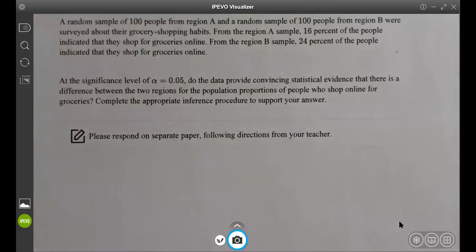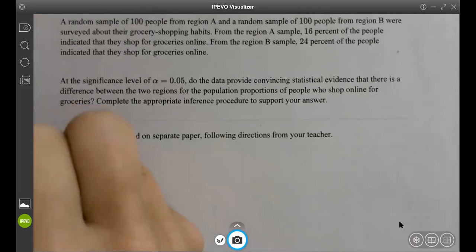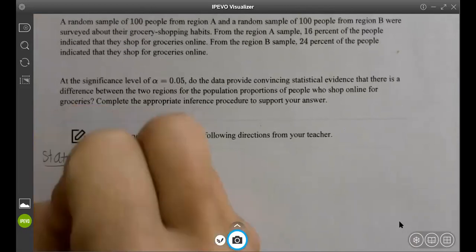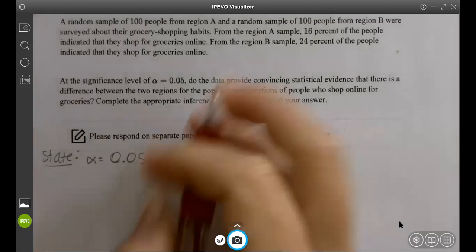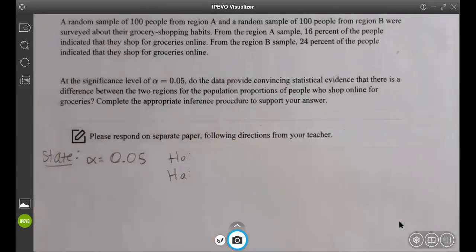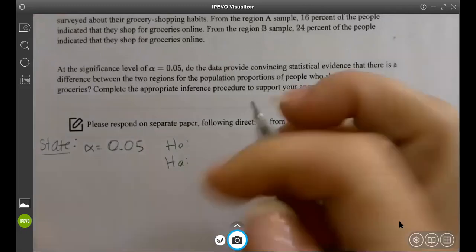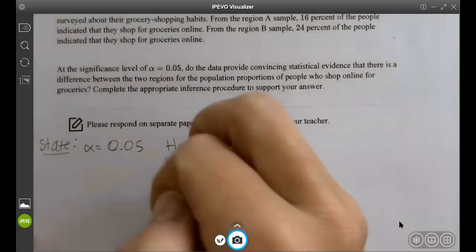So let's start with our state. What do we need to have in our state? Okay, so our alpha, which is 0.05, our null, and our alternative. So what's our null? No difference. You can write that two different ways, and I'm going to show you both.